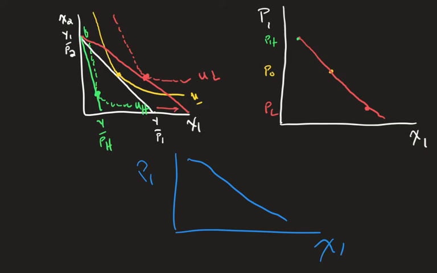There's our demand curve. And then market equilibrium comes about where supply is equal to demand, and that gives us some equilibrium quantity of good one and equilibrium price of good one.